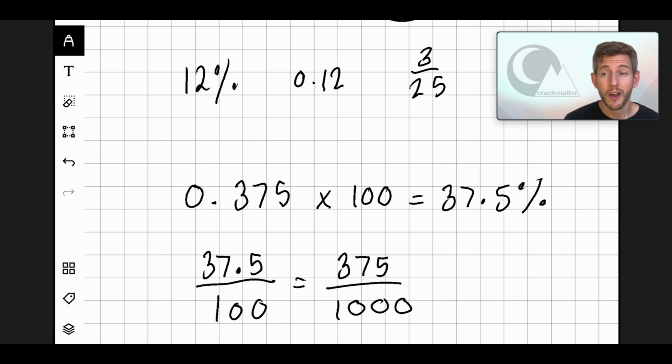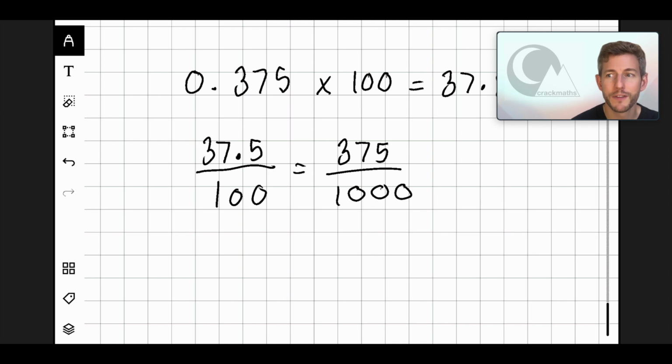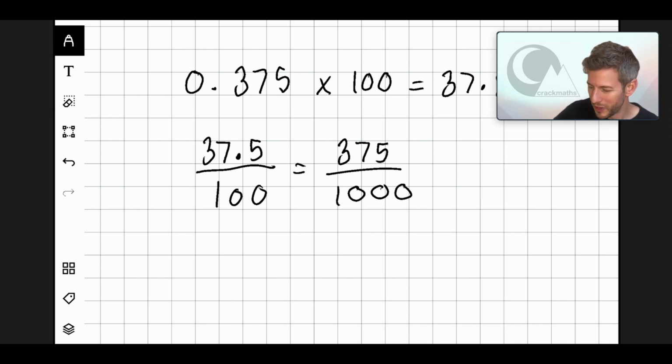So first things first, I can see that this ends in a 5, so I know that both of these are divisible by 5. However, I don't know what 375 divided by 5 is. So what I'm going to need to do is pull out the bus stop method. So I'm going to first make a note that we're dividing both of these by 5. Oh, I missed off a 0 there.